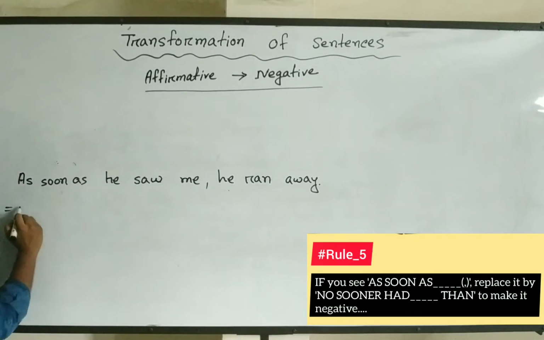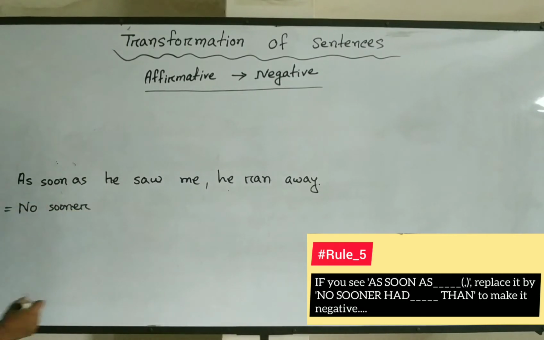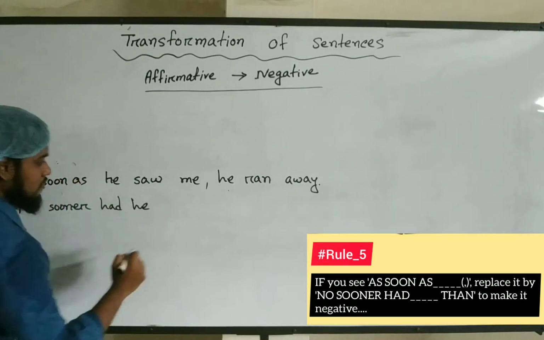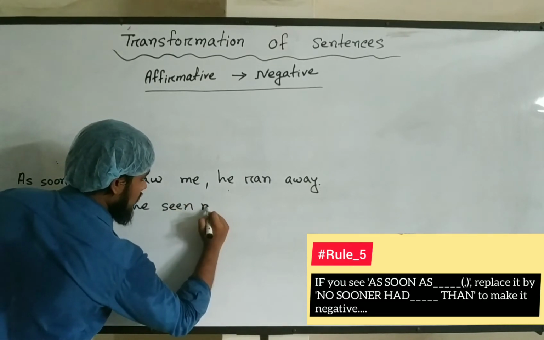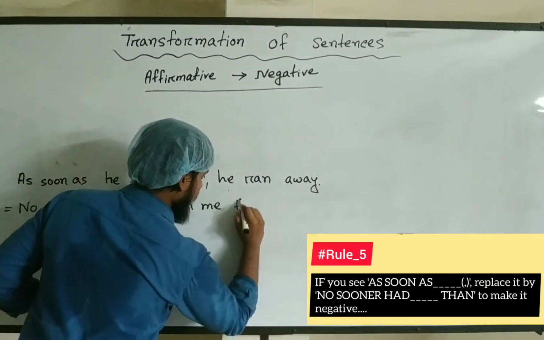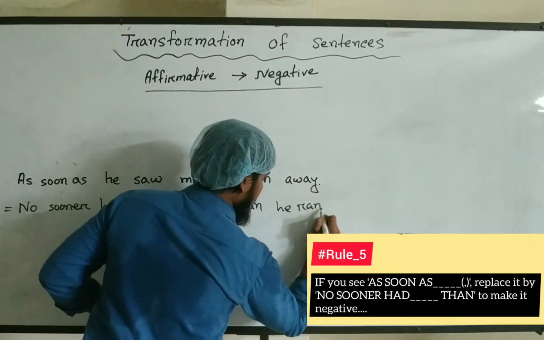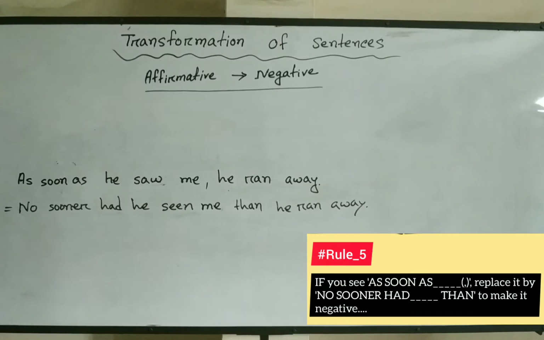So we need to write "no sooner had" instead of "as soon as," and then "than" instead of comma. Now look at the sentence. No sooner had he seen me than he ran away.